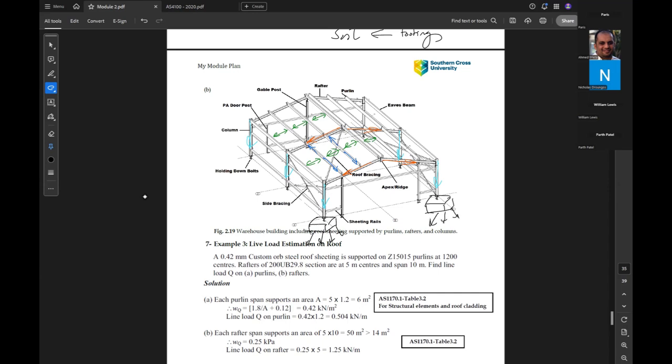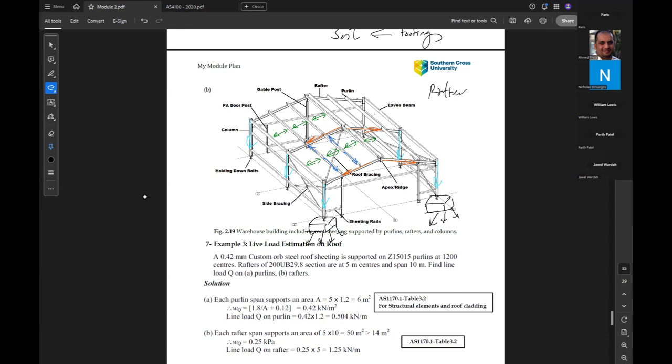You need to know which member is carrying which member, to know what we are designing and where the loads are coming from. For example, if you are asked to design the rafter, where are the loads coming from to the rafter? Do you have any idea? Coming from the purlin.